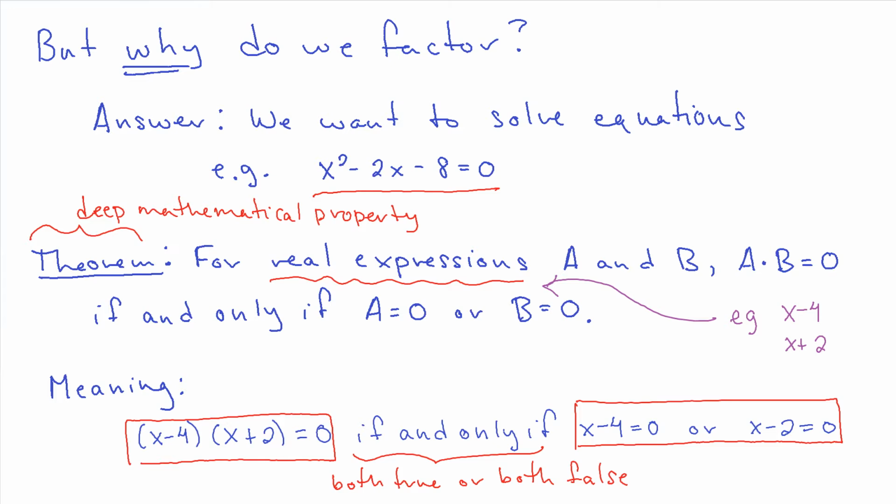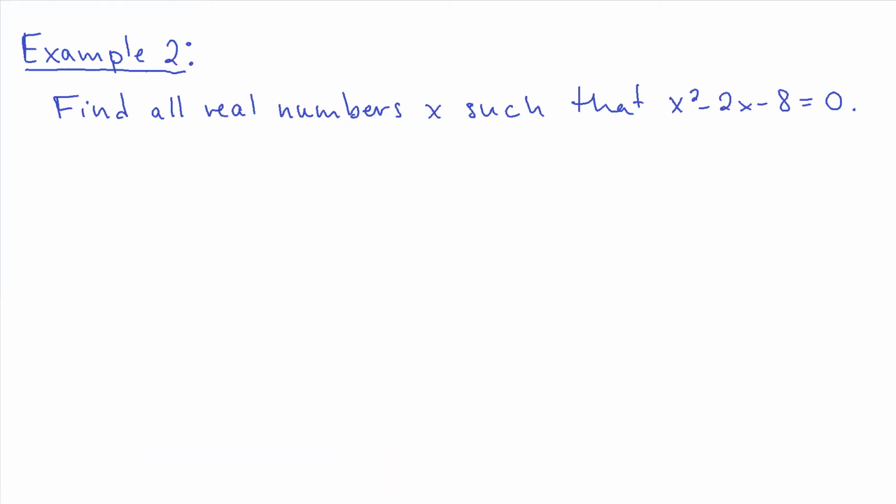Okay, so let's put this into practice. So we've kind of already solved this, but let's go from the beginning to the end in one step. We want to find all real numbers x such that x squared minus 2x minus 8 is equal to 0. This is what we mean by solving this equation. So what we saw on the last slide is that we want to factor x squared minus 2x minus 8.